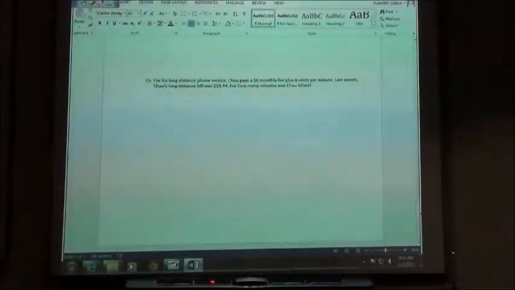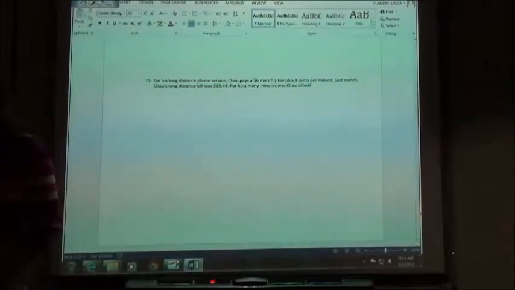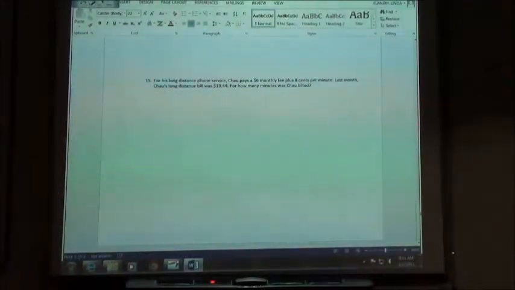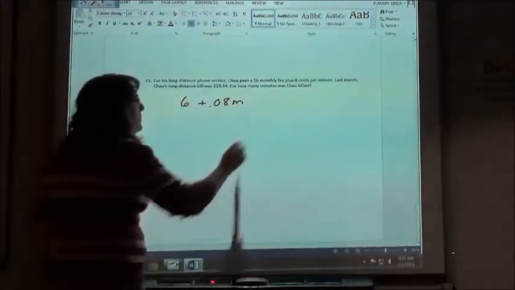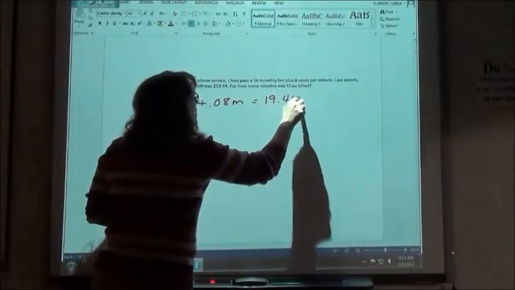What might my equation be there? 6 plus 0.08 m equals 19.44, exactly.